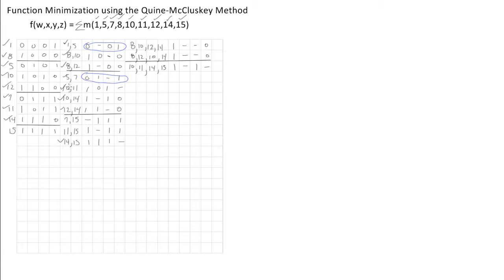Now, you'll notice pretty much everything's checked off. But like I said, it's a good habit to continue going through. So let's look at 10 and 14. The dash matches up with the 11 and 15, and they are different by 1 bit. Okay. So we have the 10, 14, and the 11 and 15.